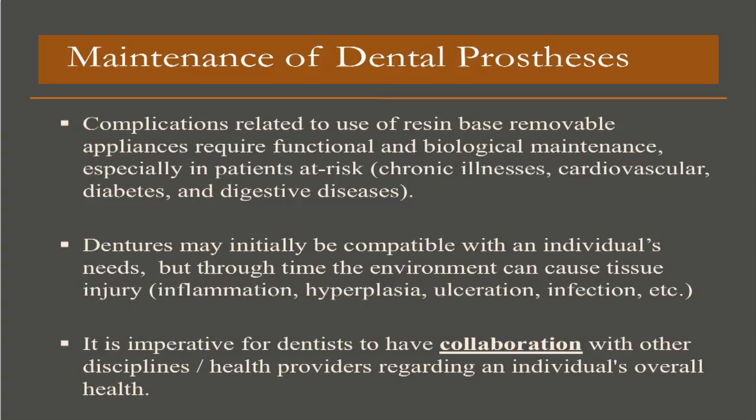The reason for that is if the removable prostheses don't fit right and they're not cleaned right, patients with diabetes, their wounds don't heal quickly, or patients with cardiovascular disease, their system is very sensitive to bacteria, and for patients with digestive system disease, lack of maintenance can be damaging to their overall health.